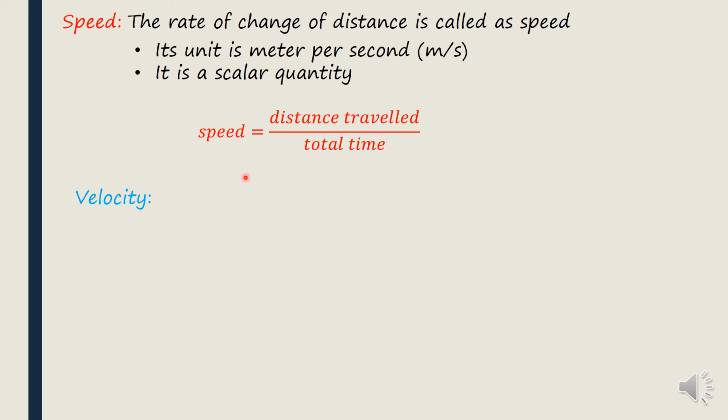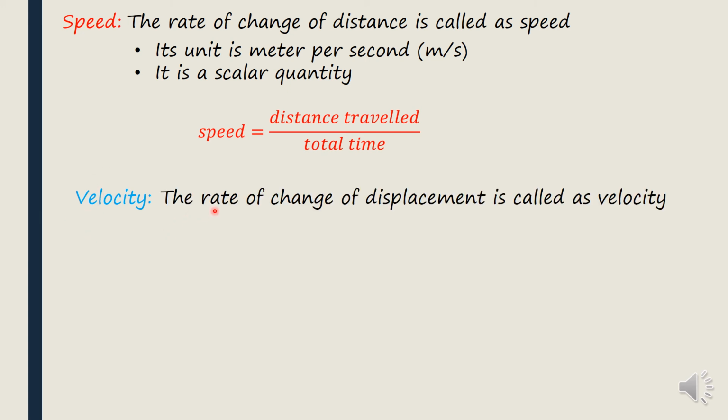So now when we have understood what is speed, okay, the other topic is velocity. Velocity चाहिँ के हो? It is the rate of change of displacement. Okay, speed चाहिँ rate of change of distance, whereas velocity is the rate of change of displacement. Okay, so from here only we can see that the unit is meters per second.